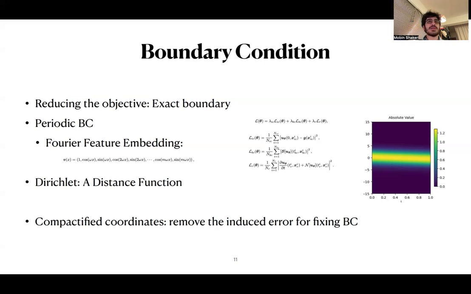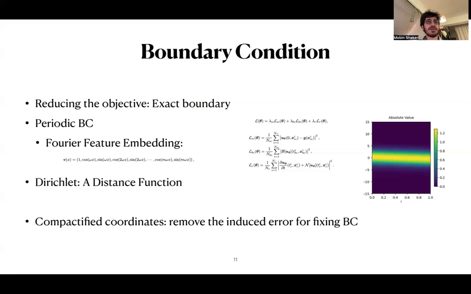If you're using a periodic boundary condition, we can add a Fourier feature embedding of this sort to the beginning, to the order of m of sine and cosine. The higher it is, the more oscillation and more accuracy, but higher calculation, of course.